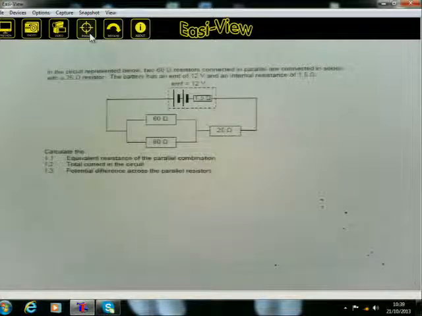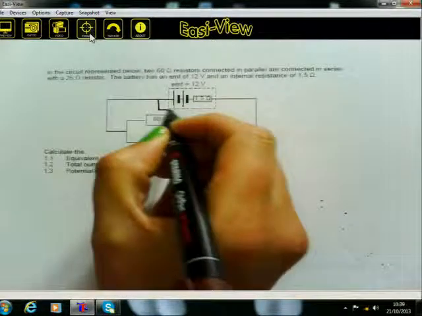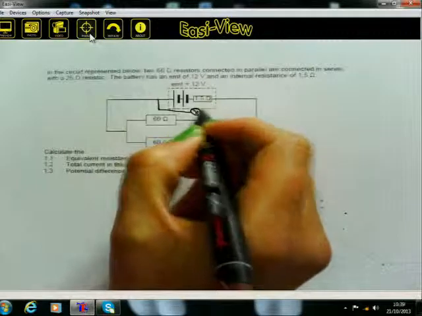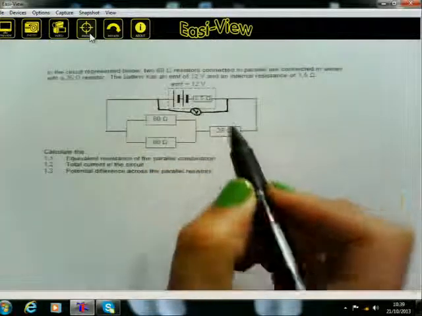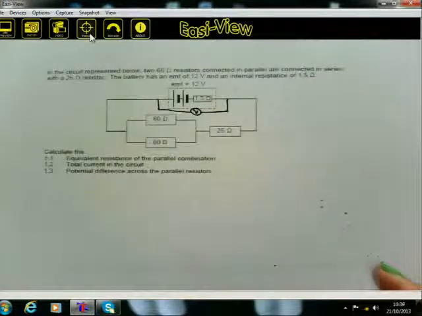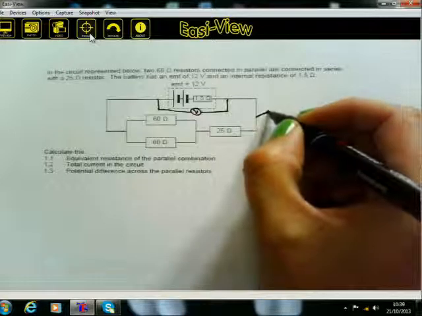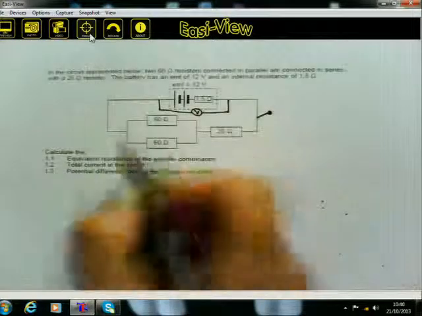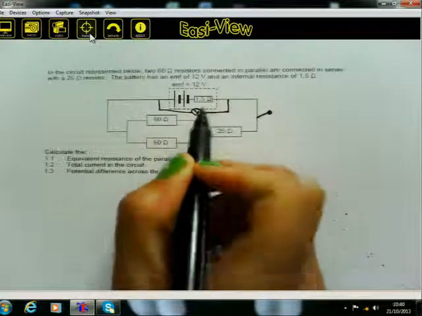Now the first thing you must know is, if we have a closed circuit and we put a voltmeter over the battery, this voltmeter will measure external voltage. If we have a switch and we open the switch and there's no current flowing, then this voltmeter will measure EMF.